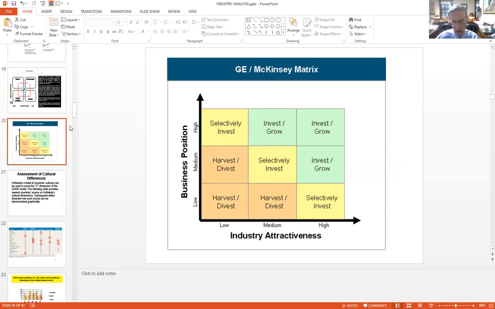Okay, so what if we don't know our market share or our market growth rate? Or even if we do, are there other factors that we would like to look at?